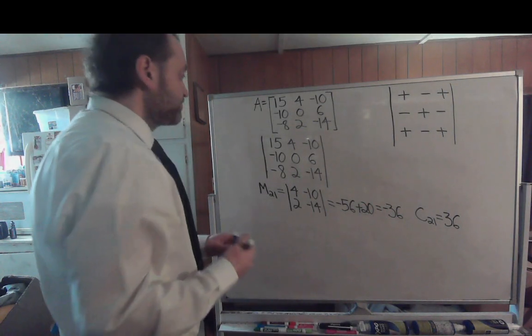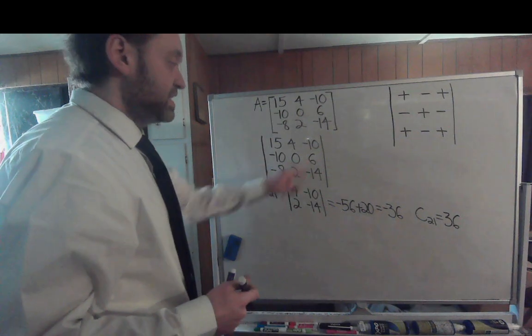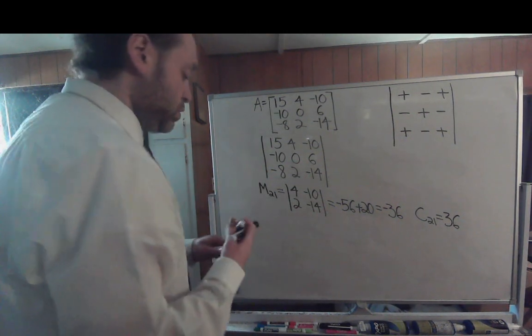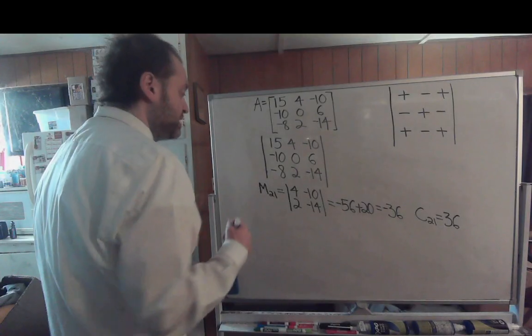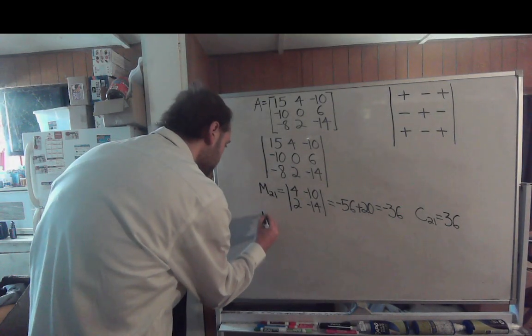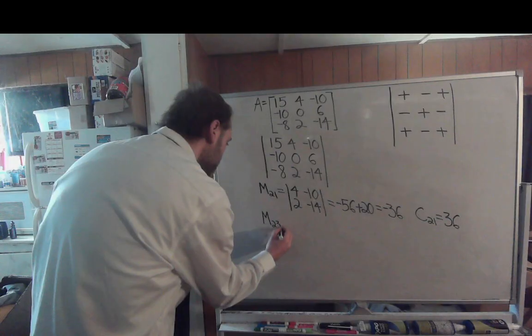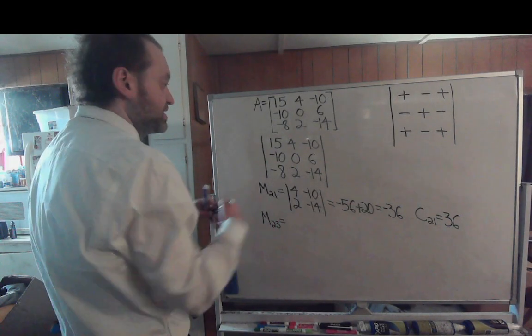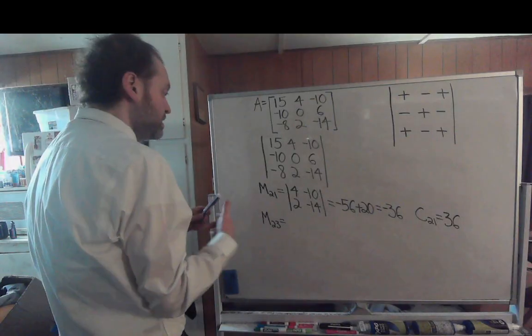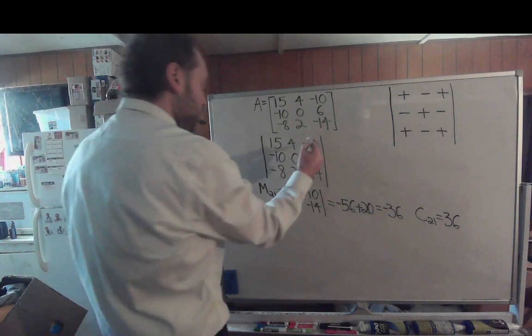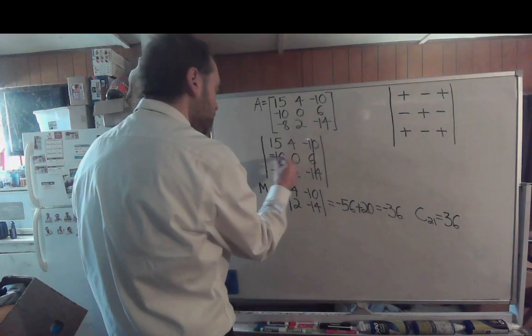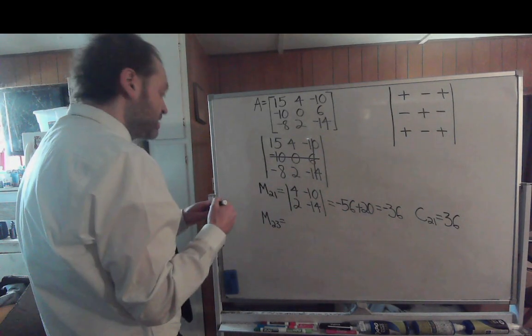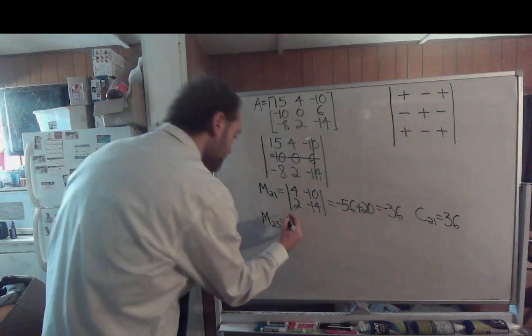All right, so we don't need to deal with 0, but let's deal with where the 6 is. So that's going to be minor 2, 3, since it's in the second row, third column. So where that 6 is, strike out the column it's in and the row that it occurs in. The result will be the determinant of what's left.